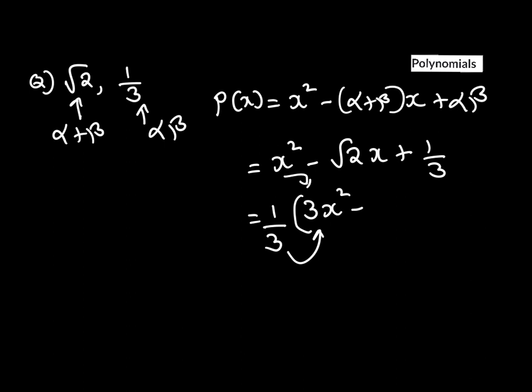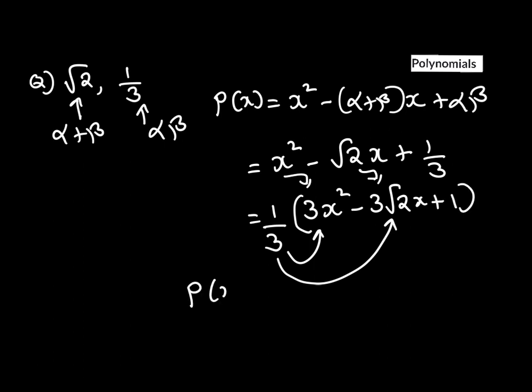Minus root 2 x can be written as 3 root 2 x, because if I multiply 1 over 3 with 3 root 2, I will get back negative root 2 x. And removing 1 over 3 as the common factor, we are left with 1.